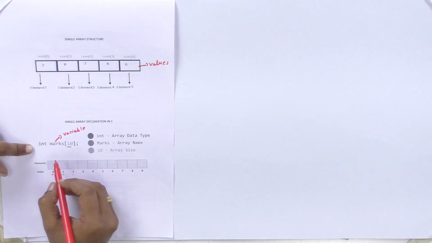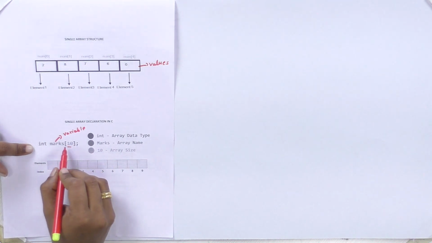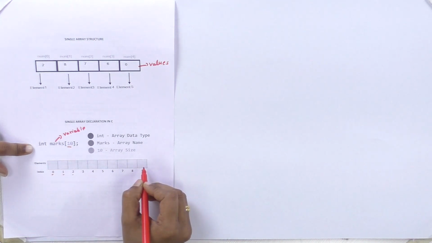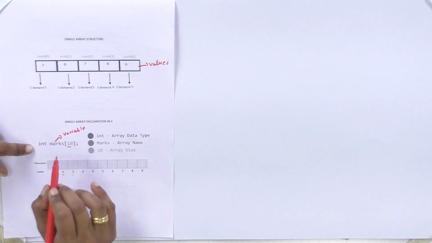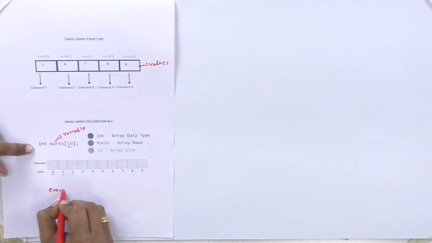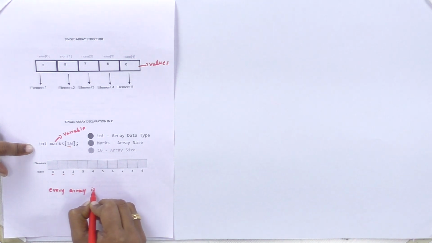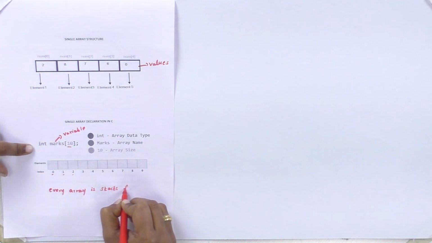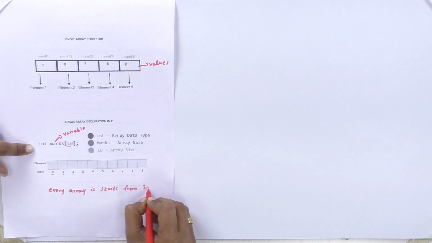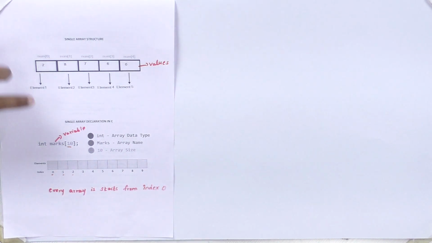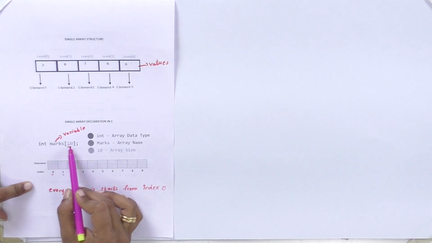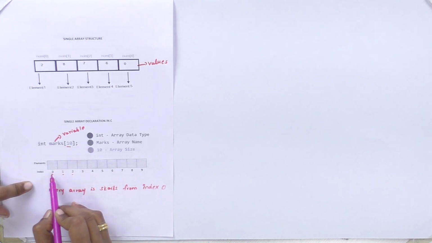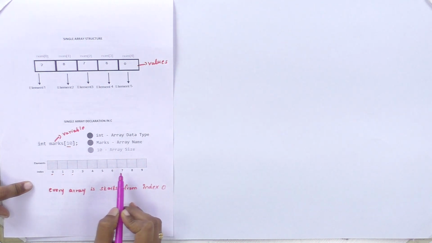So let me see. Here I am going to store the values of 10 marks in this index. Here we mentioned the size of the array as 10. Every array starts from index 0. The index value in any array starts from 0, so 0, 1, 2, 3, 4, 5, 6, 7 up to 9.